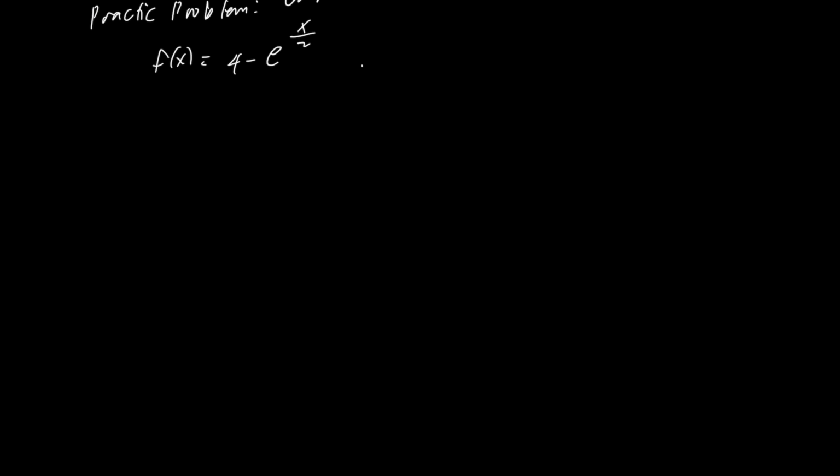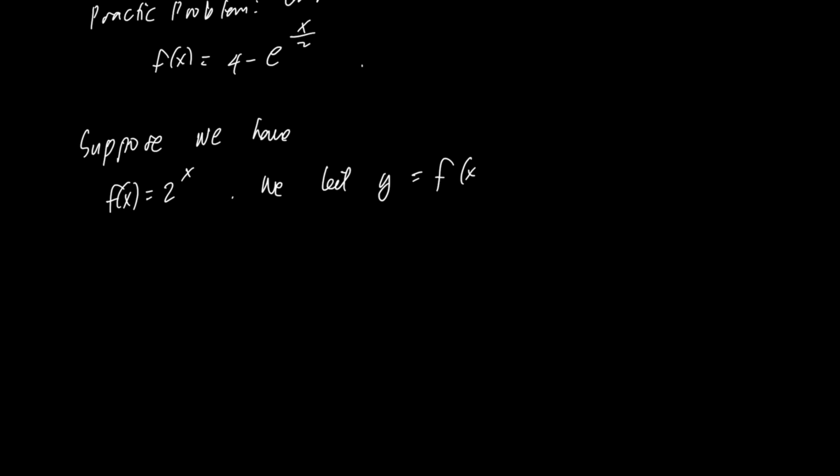Now suppose we have f of x is equal to 2 to the x. Now if we let y is equal to f of x, this one here is y is equal to 2 to the x.